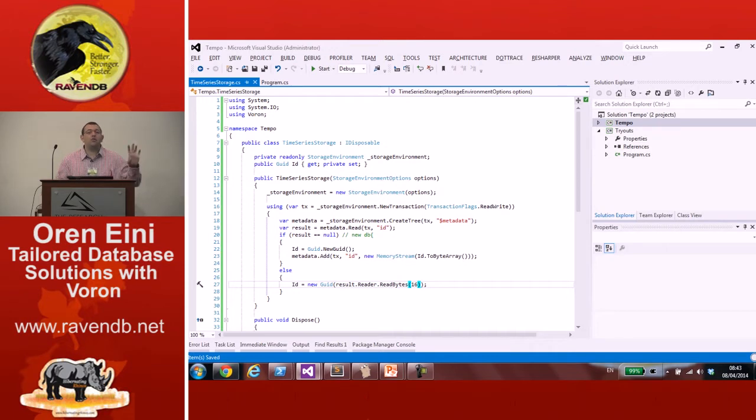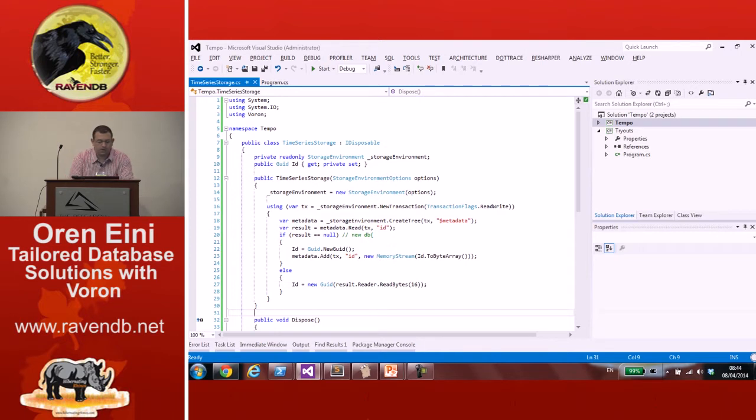Just a metadata tree that for now only stores the ID of the database. I like to have a GUID ID for databases because it helps if you have to deal with replication or stuff like that. Most of the time, we don't really want to expose that to the user, but it's helpful if we need to figure out on what system this was written to.